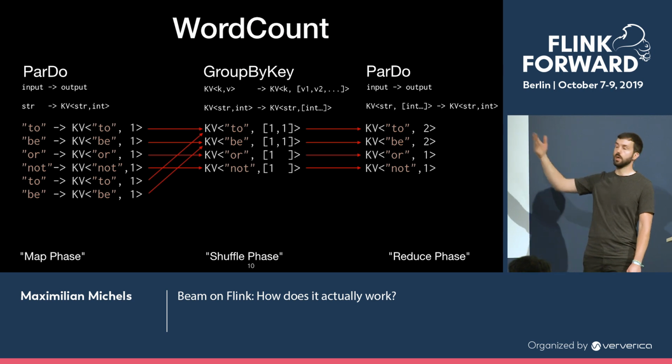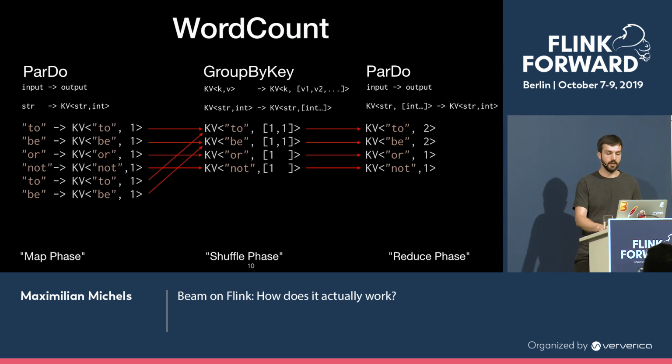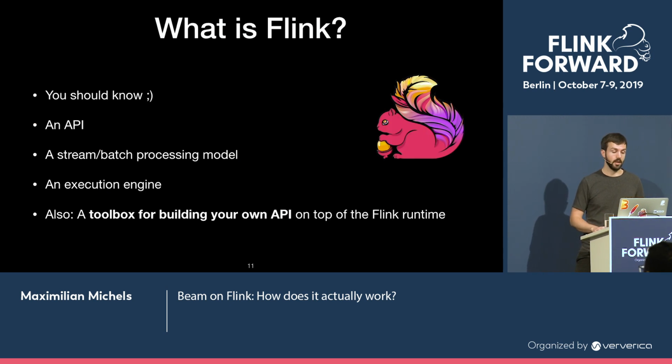And then you can use another ParDo to sum up these values. So I'm not going to show any code, but conceptually this is very simple, but it's also extremely powerful because we can do much more with ParDo, which I will show in a second.